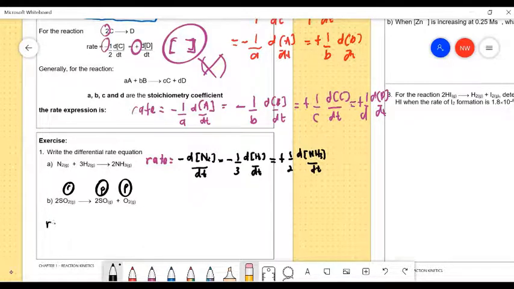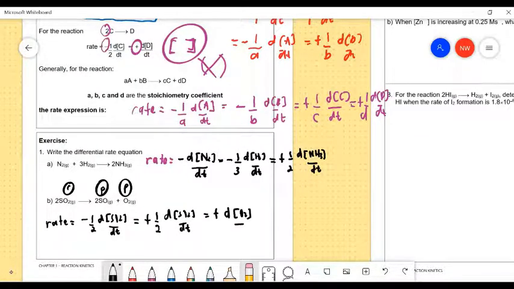So, kita tahu kat sini rate equal to negative 1 over 2 dSO2 over dt equal to positive 1 over 2 dSO3 over dt equal to positive 1 over 1 dO2 over dt. So kita dapatlah kita punya differential equation di situ ya. Alright. So, dah dapat dah untuk exercise yang itu.